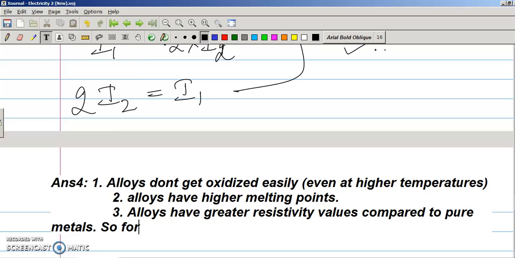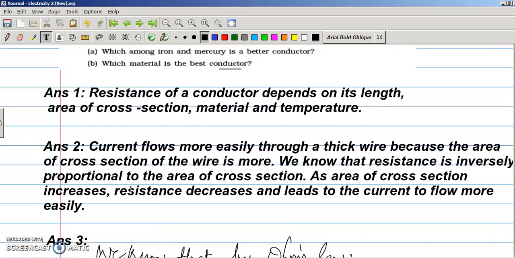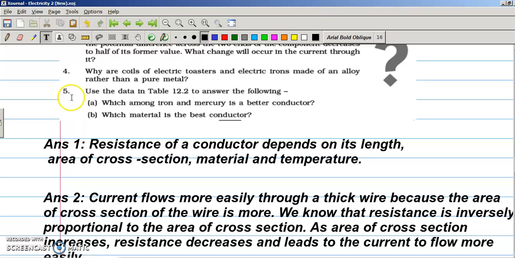So for the same current, alloys produce more heat. So this is the reason why we use alloys. Good.